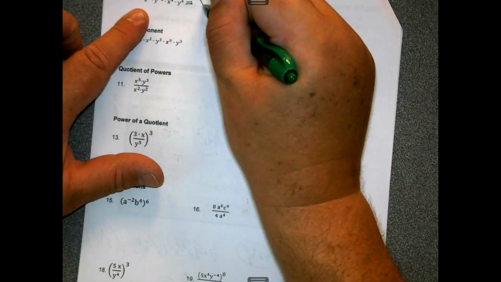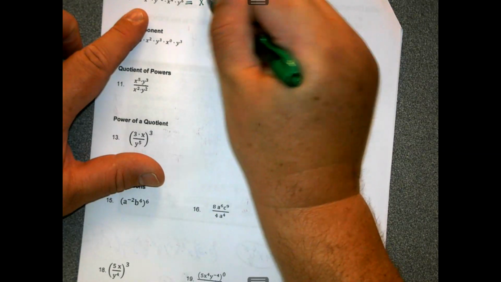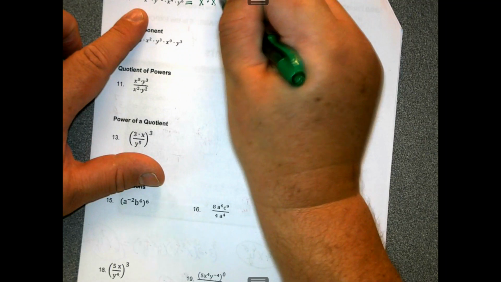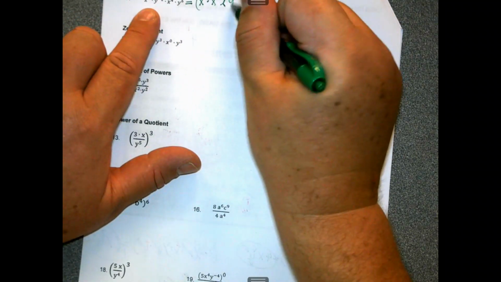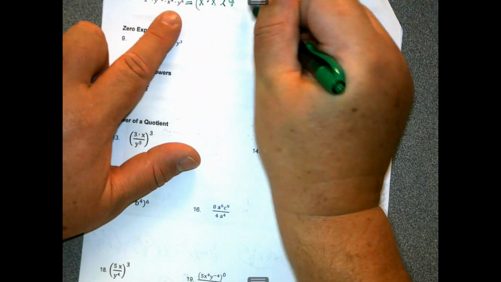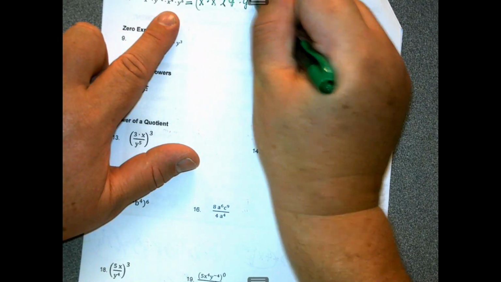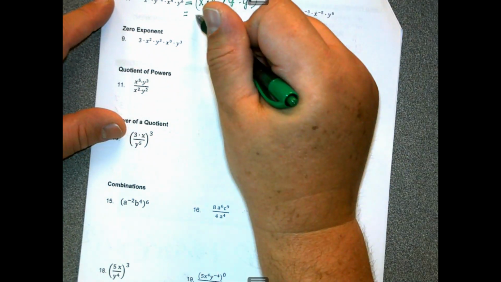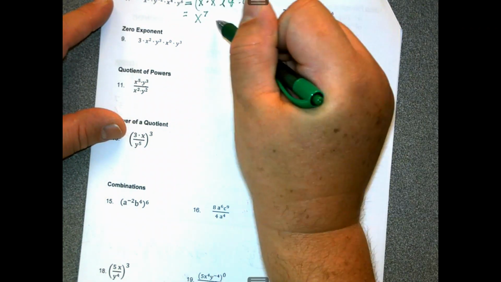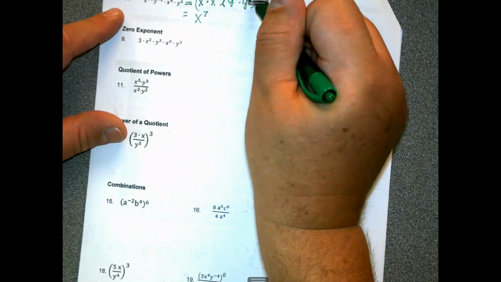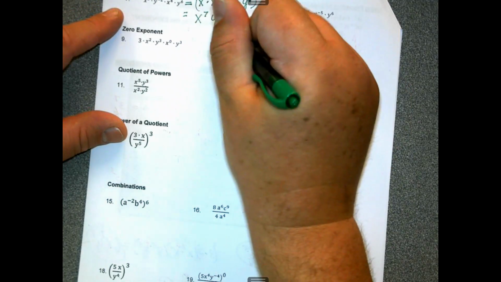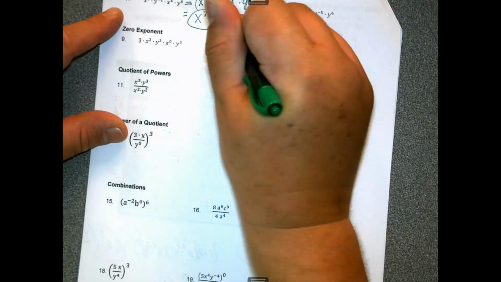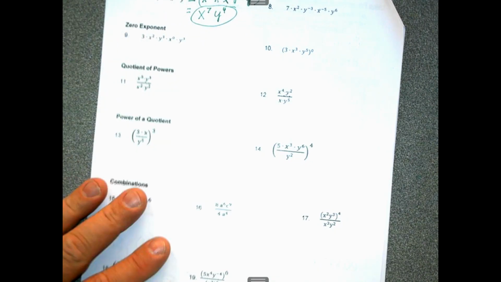So I'm going to regroup. I have x cubed times x to the 4th. My y's, I got y to the negative 2 times y to the 6th. That leaves me with x to the 7th, and y to the negative 2 plus 6 is y to the 4th. So actually, my answer ends up with no negative exponents. I'm done.